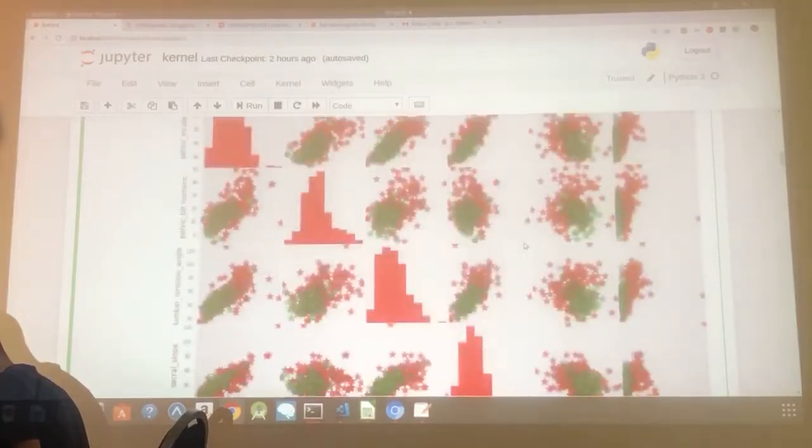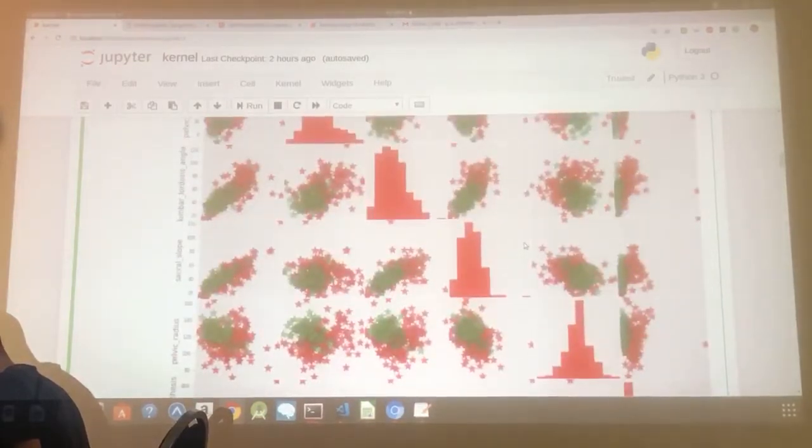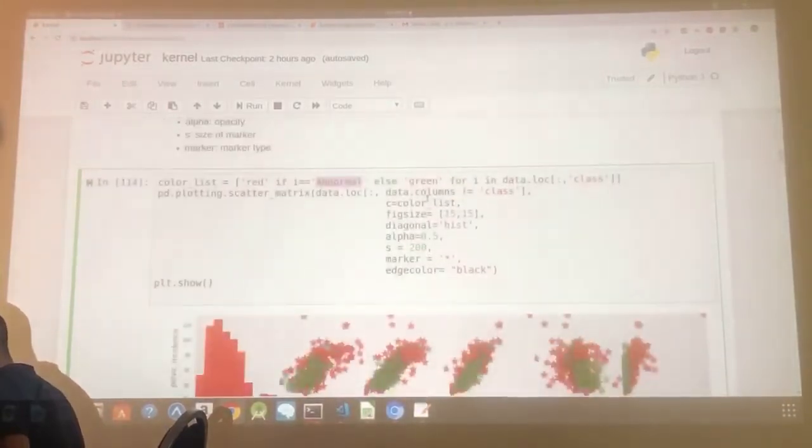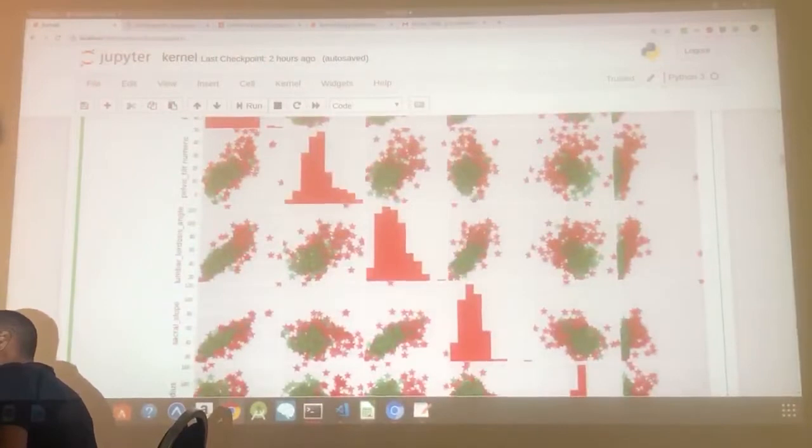So based on what features I want to use, let's say I want to use two features, I can build a model quickly. So this one, you can see the green people, they are normal. You can see here the normal people, they are around there.